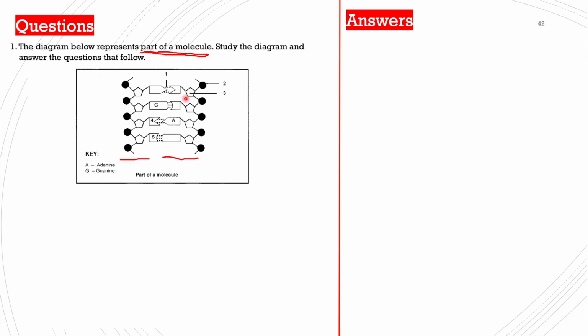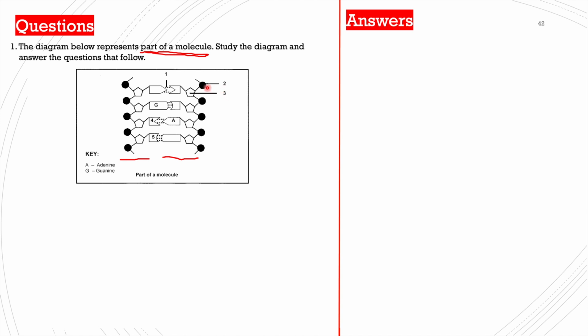We said that it is the sugar portion. But because we said that this is a DNA molecule, we need to specify which type of sugar that is. So I submit that as deoxyribose sugar.